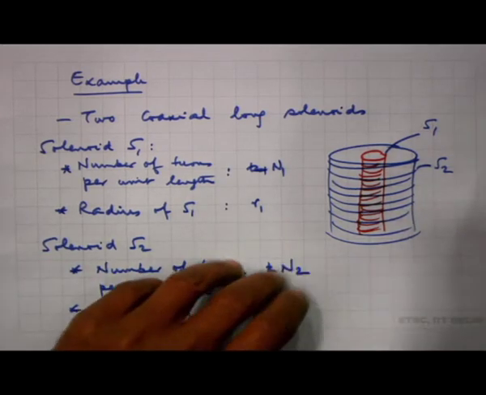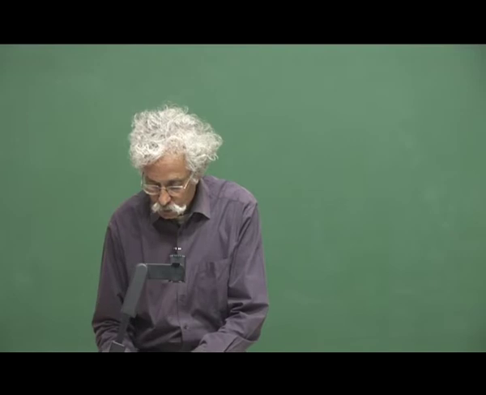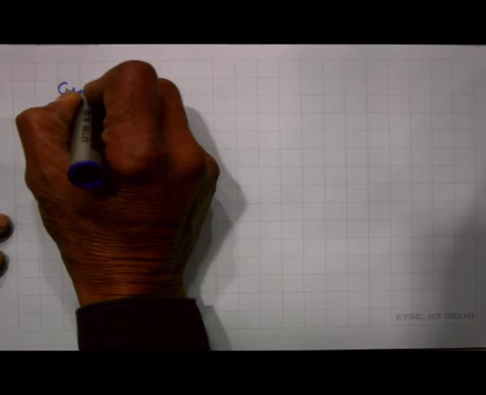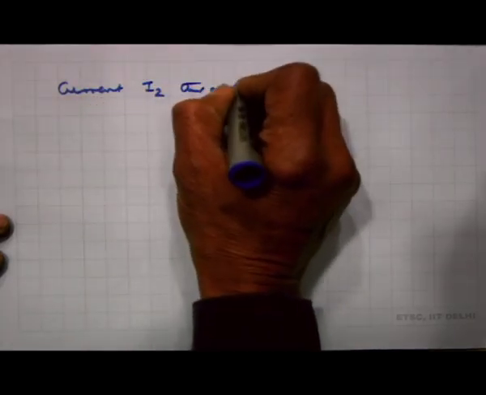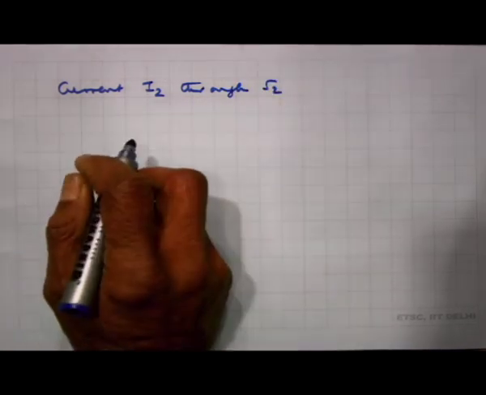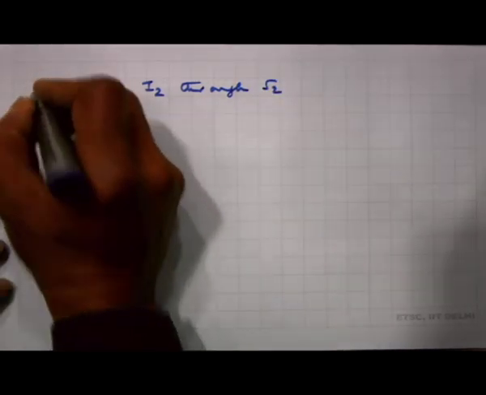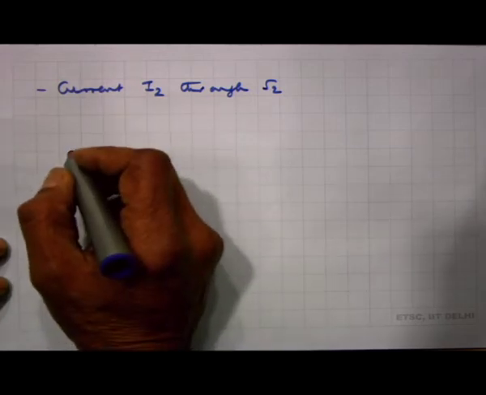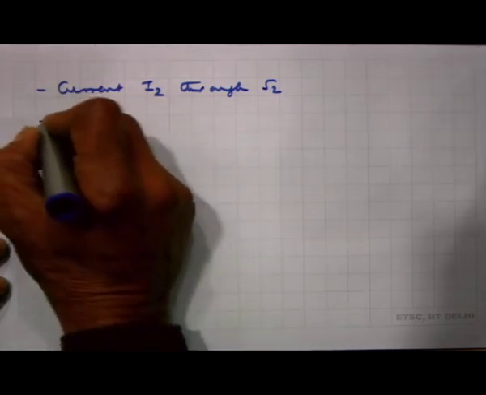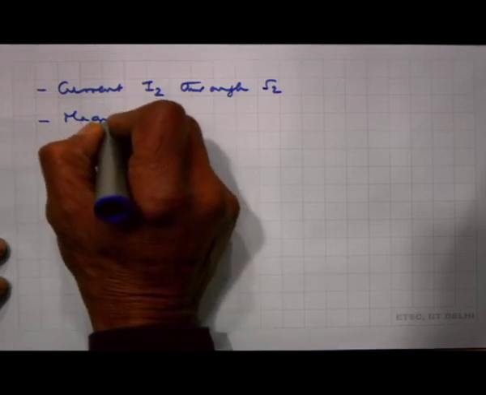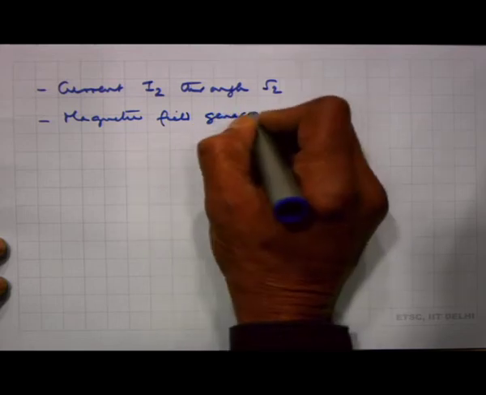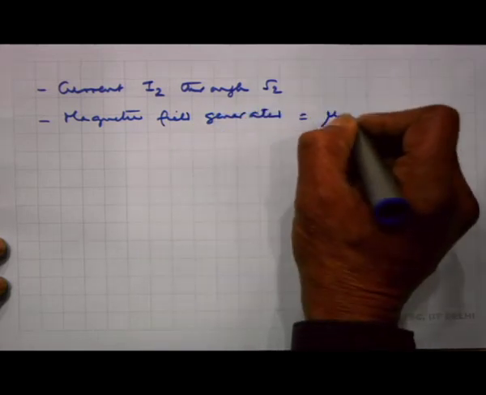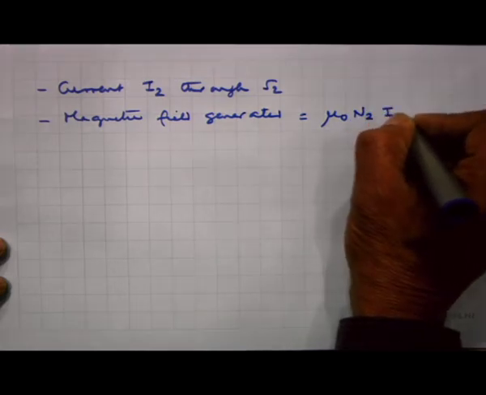For example, if I pass a current I2 through S2, then the magnetic field generated is equal to mu naught N2 I2.